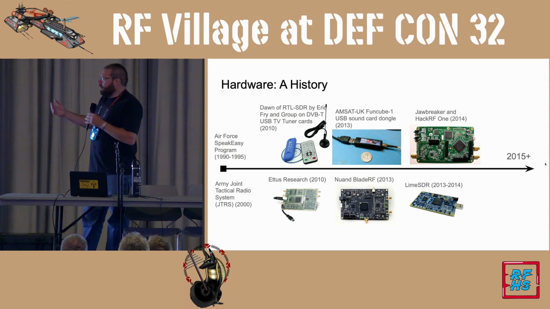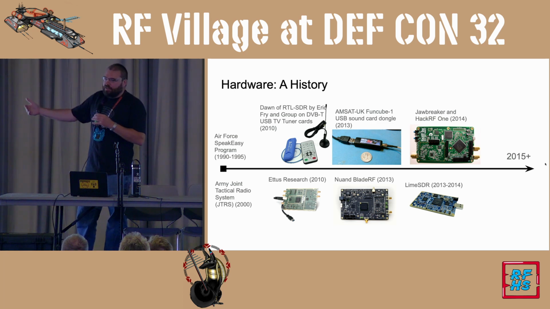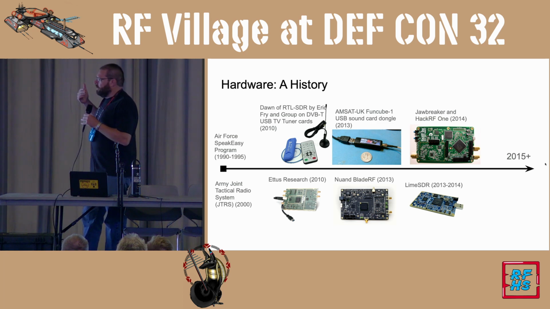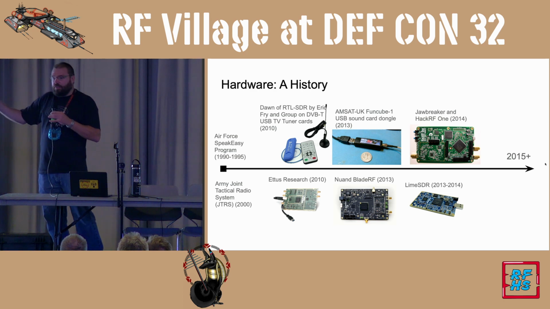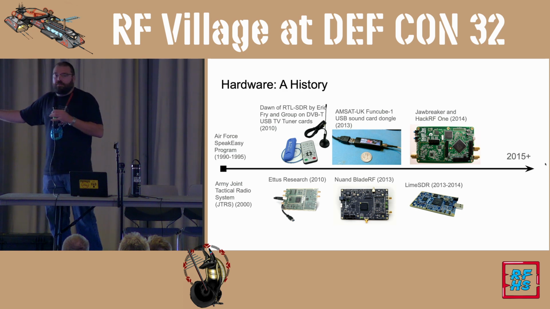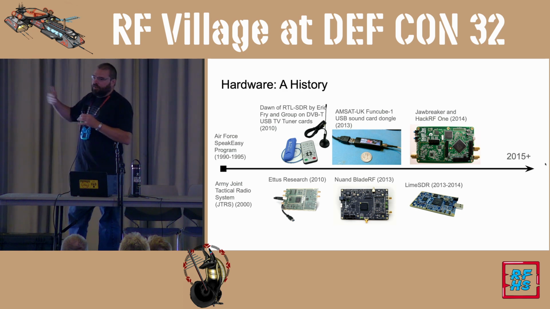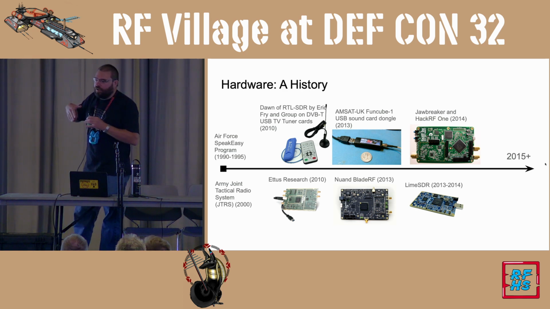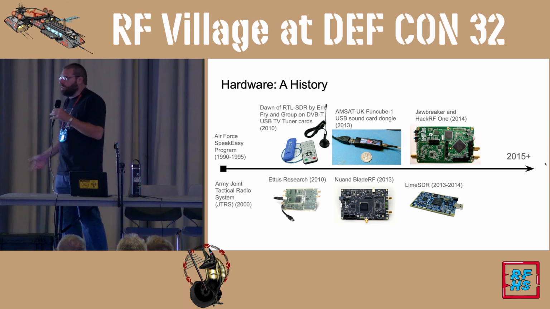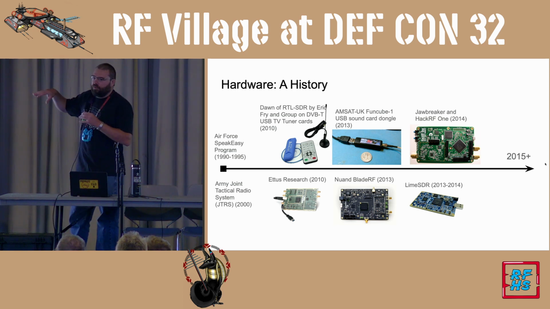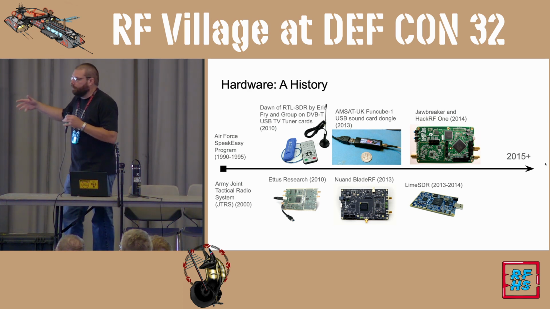We really had a boom from 2010 onward, when Eric Fry and group saw the little USB TV tuner and said, hey, we can do a lot more than just receive TV with it. We can tune around the UHF band, we can tune VHF, we can do some things with it outside of tuning directly for TV signals, which led to that boom of the RTL SDR.